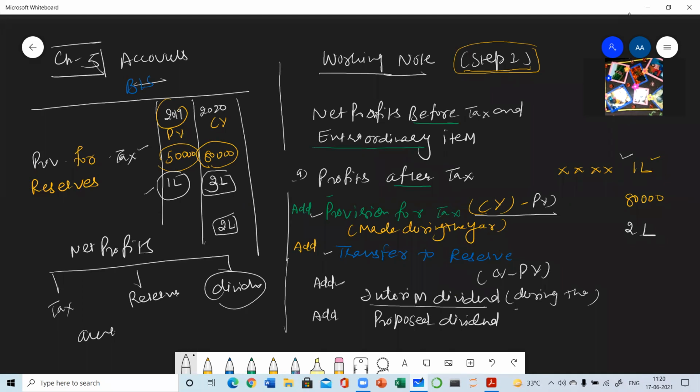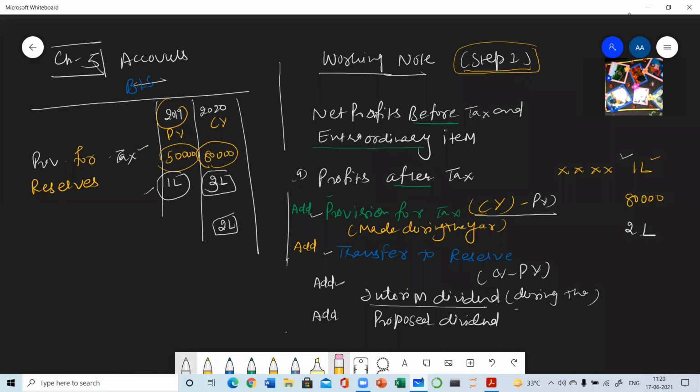Proposed dividend may also be given of two types. Proposed dividend will be given in the question for the current year and the previous year. Suppose the proposed dividend of 2019 was 80,000 and for 2020 is 1 lakh. Proposed dividend is the dividend which is declared by the board of directors and approved by the shareholders.